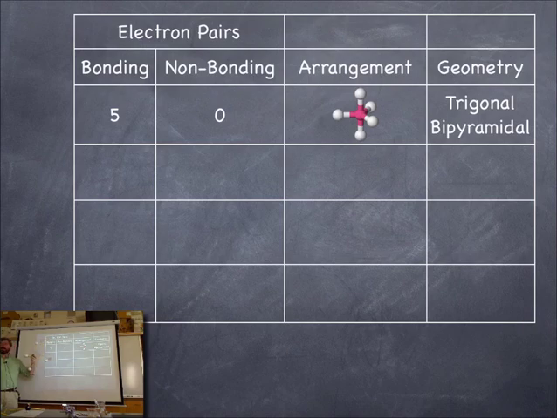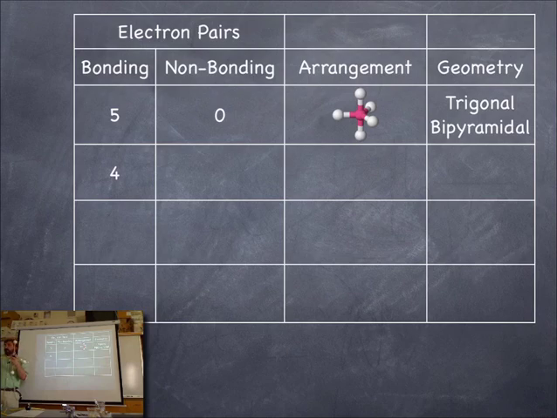Now what if I pop one of these guys off? Okay? So here's the thing. There are 2 very different spots in this molecule. I have this axial spot where they're above and below, and I have this flat plane here.